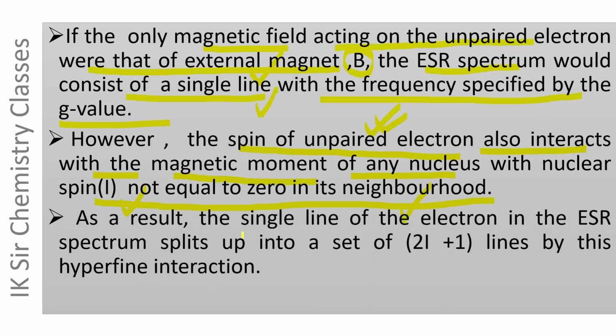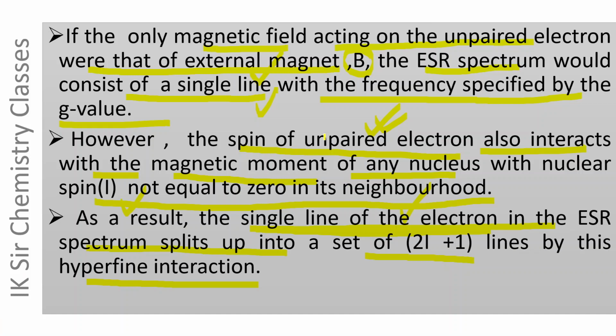As a result, the single line of the ESR spectrum of electron splits up into a set of 2I plus 1 lines by this hyperfine interaction.